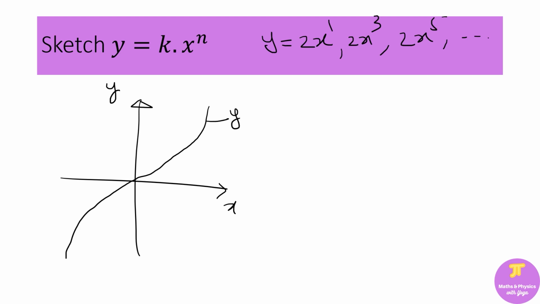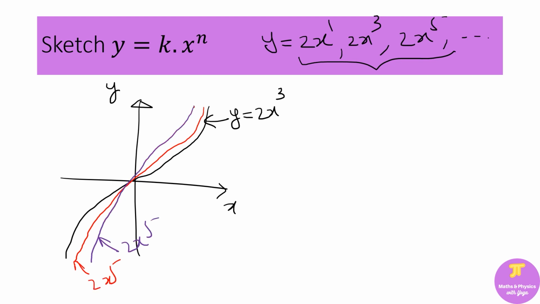So this is y equals 2x cubed, right? But if you plot any of these graphs, they will also take a similar structure, right? It will be similar. For example, if you draw this properly, this is probably 2x to the power 5. All of them will take a similar structure.